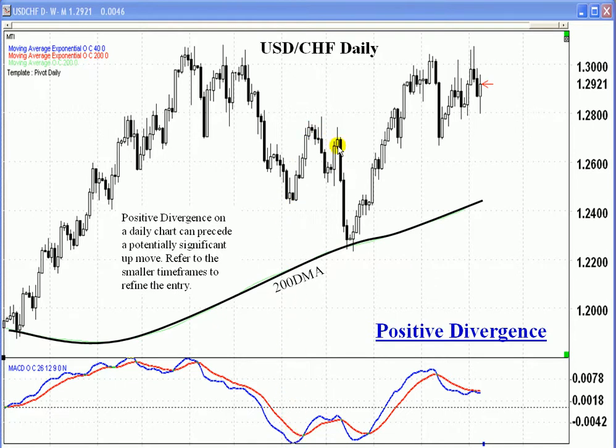Price comes down and makes a very aggressive move lower, but MACD still was unable to move below this low. We have this level of support at the 200-day moving average. So we're seeing both with price and with MACD a strong suggestion of a reversal. And again, it takes 2-3 days for this to come to fruition and offer a very generous move upwards. Again, this must be considered with other market factors.